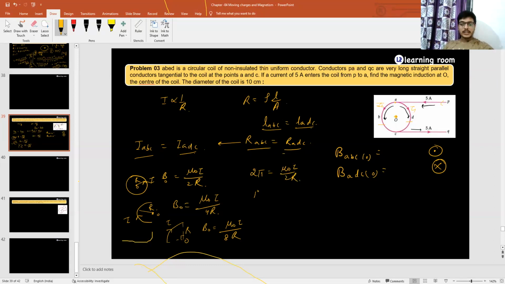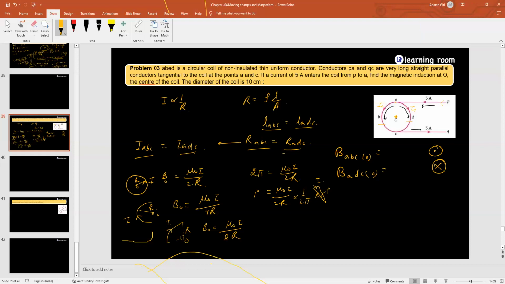So for 1 unit angle, magnetic field will be mu naught I upon 2r into 1 by 2 pi. Yes or no? Agree?